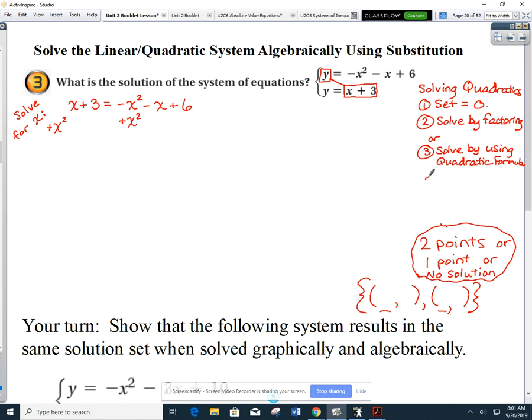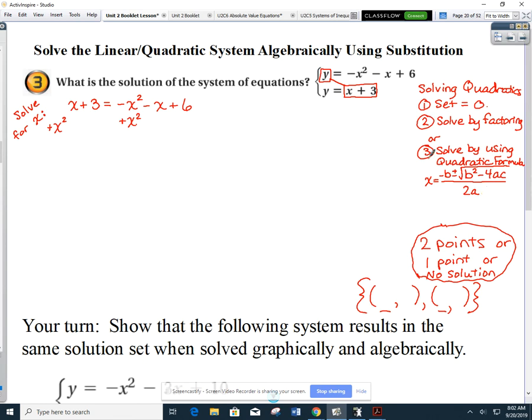If you don't have the quadratic formula memorized, it's x equals negative b plus or minus the square root of b squared minus 4ac, all over 2 times a.